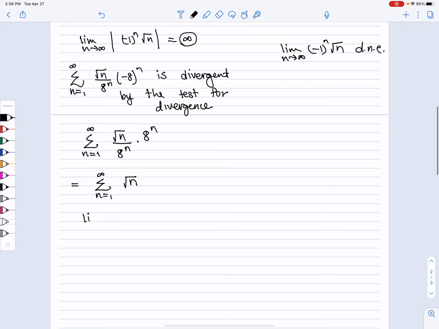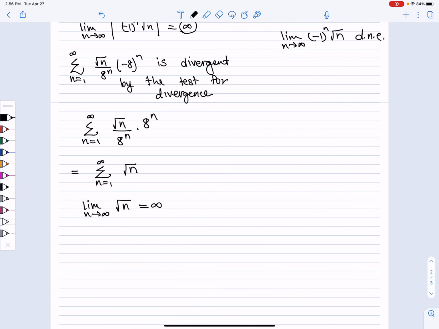And again, we can say that the limit as n approaches infinity of the square root of n is going to be equal to infinity, and therefore divergent by the test for divergence. So we can say obviously it's not equal to 0. So therefore this series is divergent by the test for divergence.